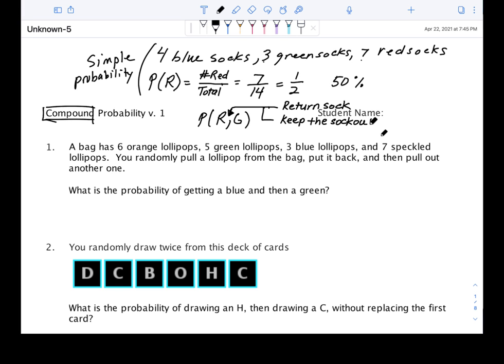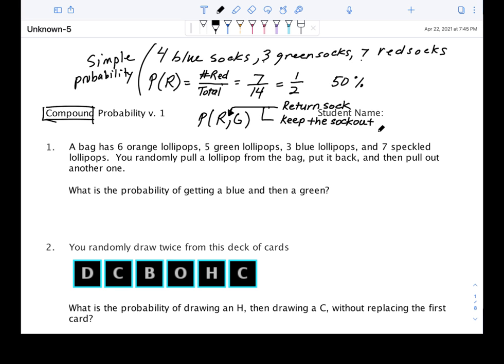That changes the probability of that second draw. The probability of the red and green if I return it in between is going to be different than the probability of the red and green if I keep it out. So really pay attention to that as we go through this. I'm going to emphasize that every single time.